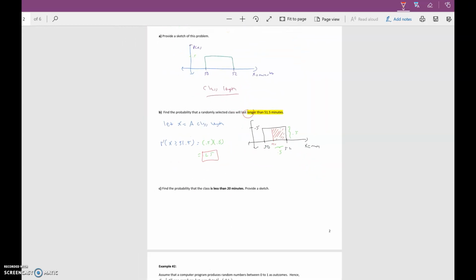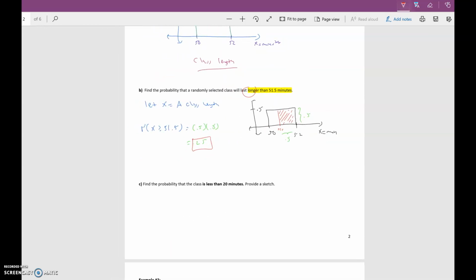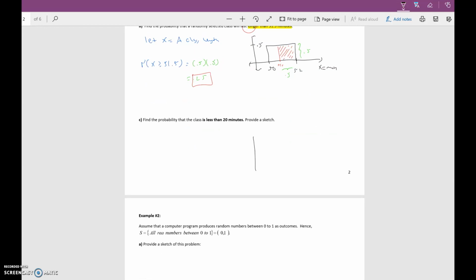Now part C, they want us to find the probability that it is less than 20 minutes and provide a sketch. So let me redraw the sketch here. Once again, x is equal to minutes. We're looking at 50 to 52.